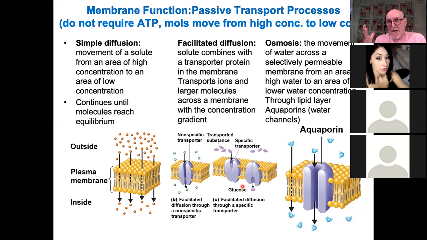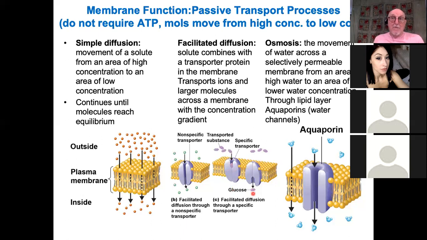And there are many of these specific for different substances. They usually bind the substance and change in shape, and you can think of it almost as if the transporter protein is swallowing the molecule and spitting it out on the other side.